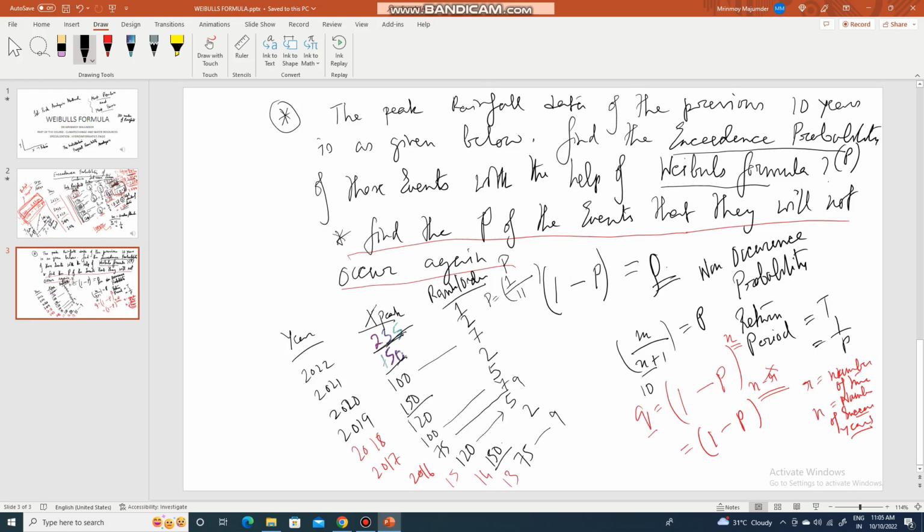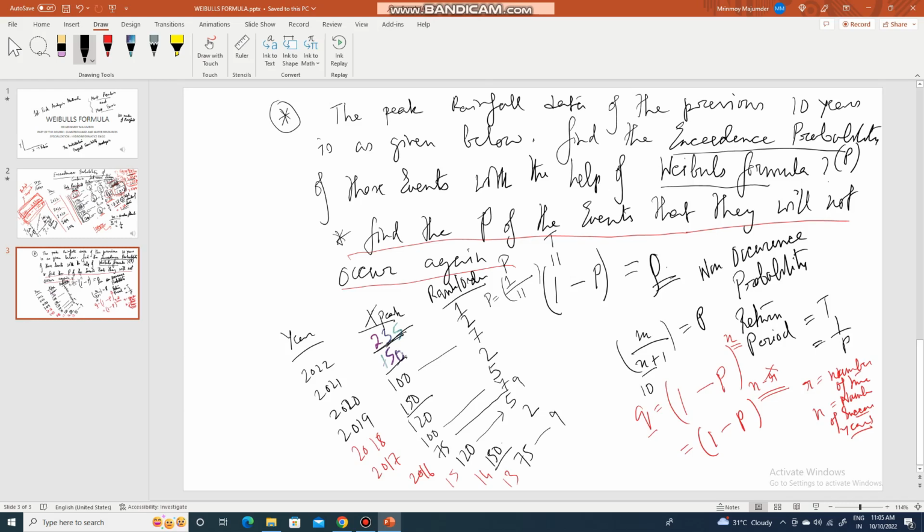So 1 by 11 will be the probability, and if you calculate the return period, it is just the inverse, so 11 will be the return period. Correct? m is 1 for the highest event, divided by the total number of data points, 10 plus 1, 11. So 1 by 11 is the probability. The return period is the inverse of the probability, so 11.